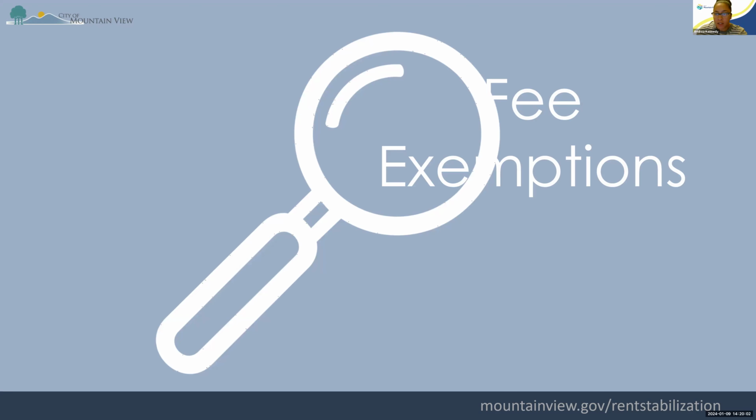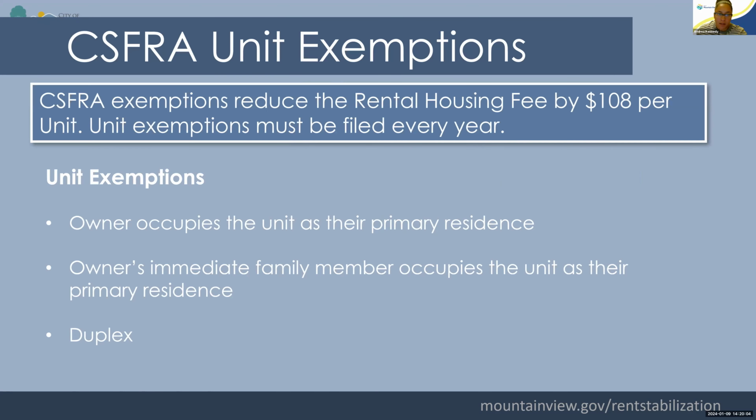All right, fee exemptions. The exemptions will reduce your rental housing fee payment by the number of units that are exempt, so by $108 per exempt unit. Unit exemptions can be if an owner occupies the unit, or if an owner's immediate family member occupies the unit, like parents, spouse, children.